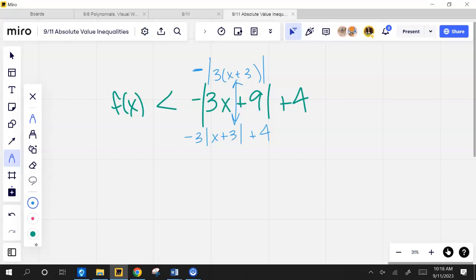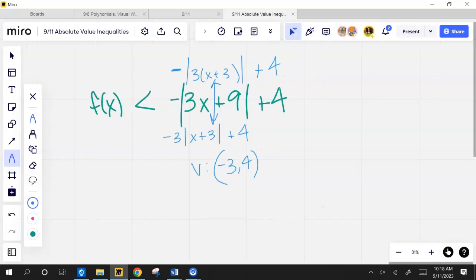You can plug into any of the 3 equations there you want to when you plug in. The only reason I'm manipulating it is so that I can find the vertex. That's the only reason I'm doing anything to it. Oh, yeah, the 4 is still there. I'm sorry. So my vertex is negative 3, 4, right?